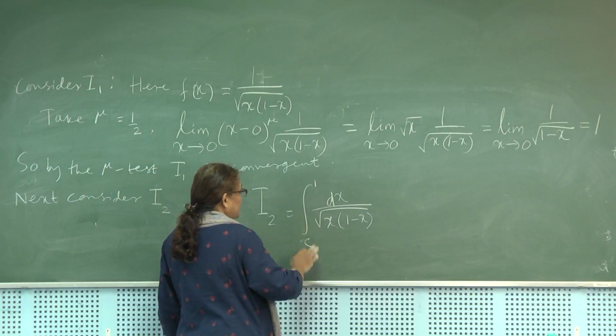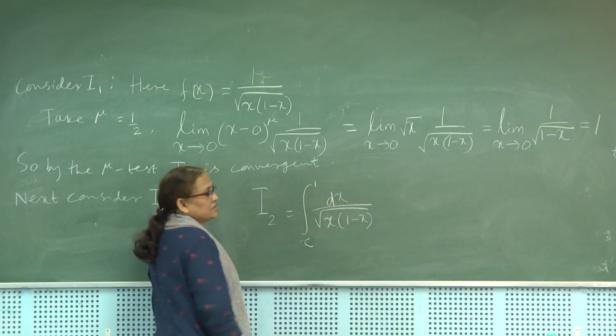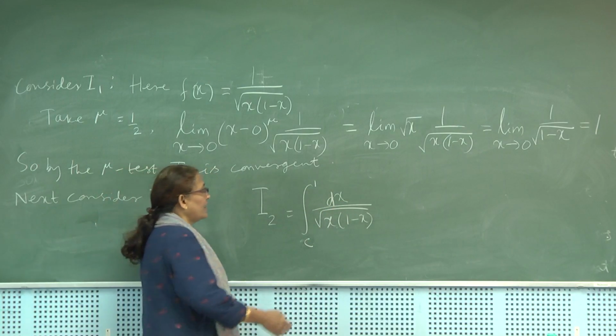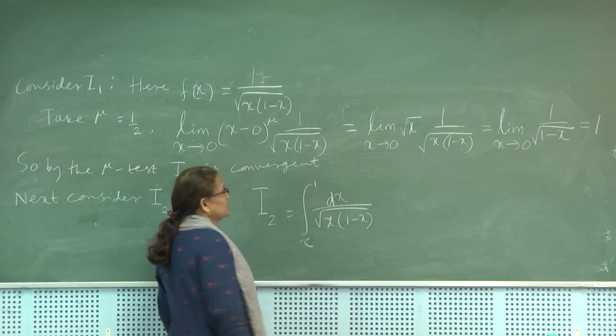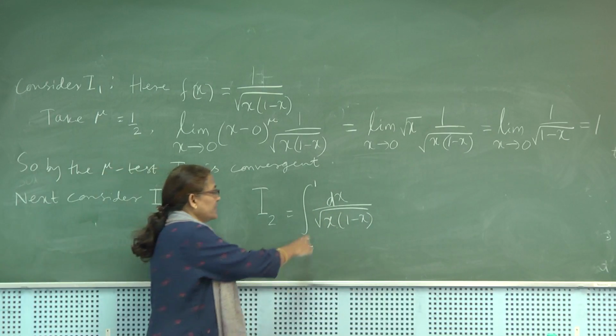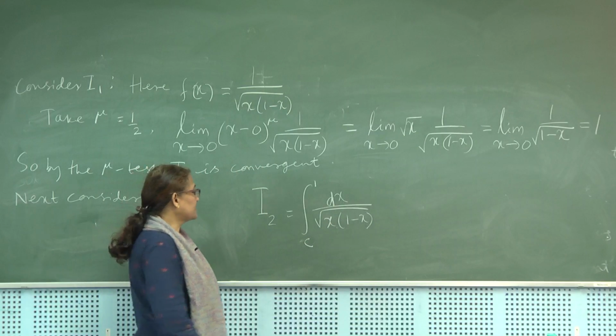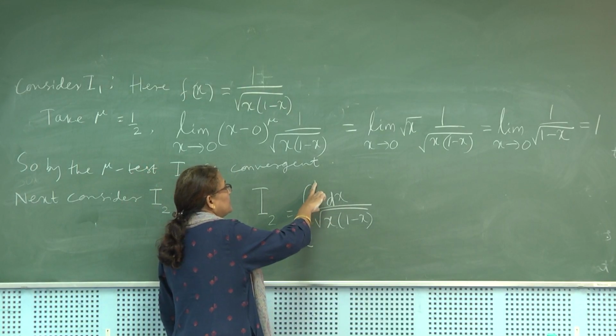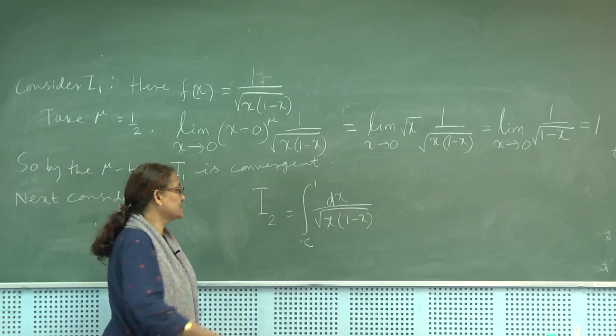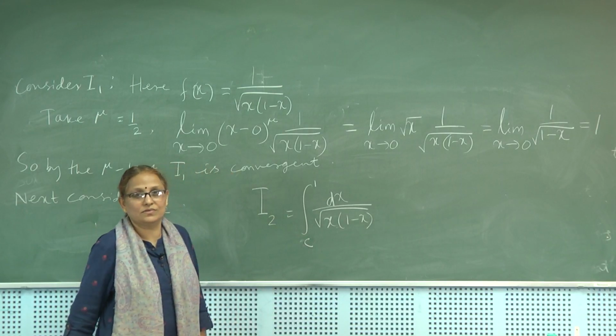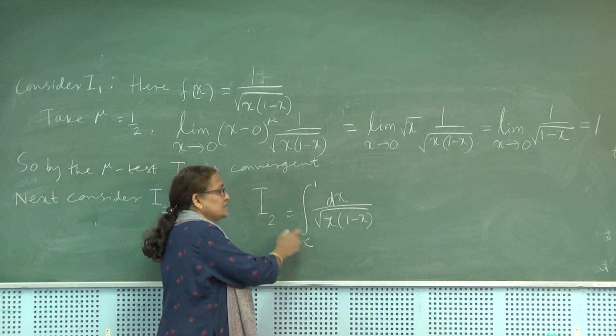This integral is from c to 1, and the integrand is 1 upon square root of x into 1 minus x. So, this integrand is unbounded only at the upper limit. This c is greater than 0. Okay, c is greater than 0.